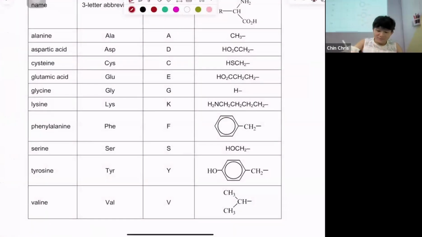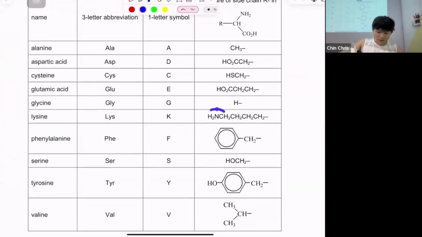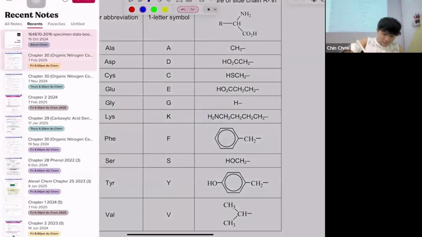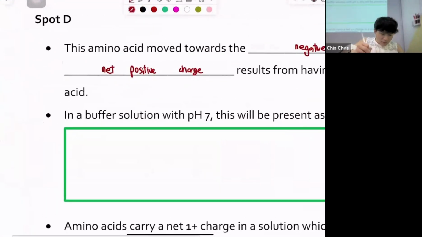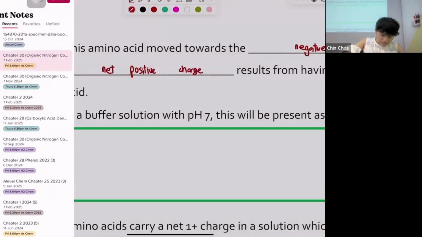In order for you to have an extra NH2, it must be this compound. So I know that it must be a lysine, because lysine has an extra NH2. So I can draw a lysine out. How many CH2 again? 1, 2, 3, 4. Okay, good.